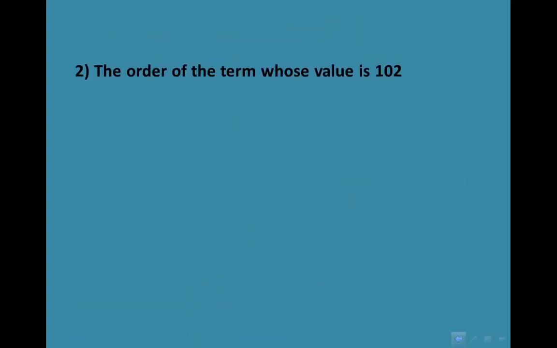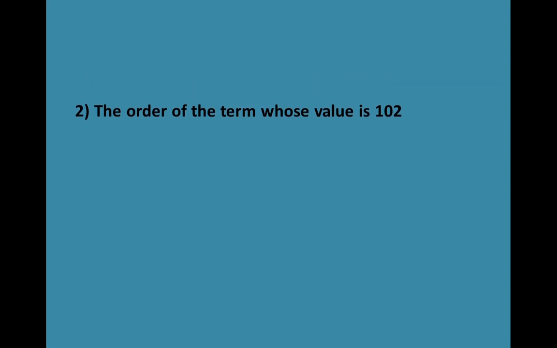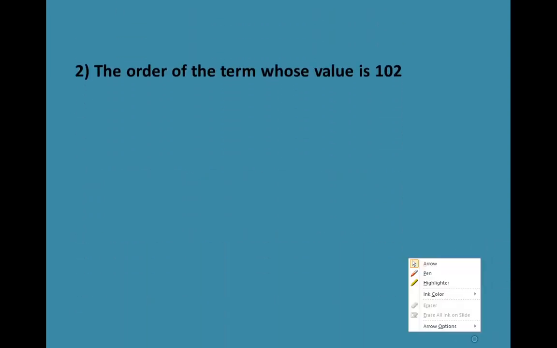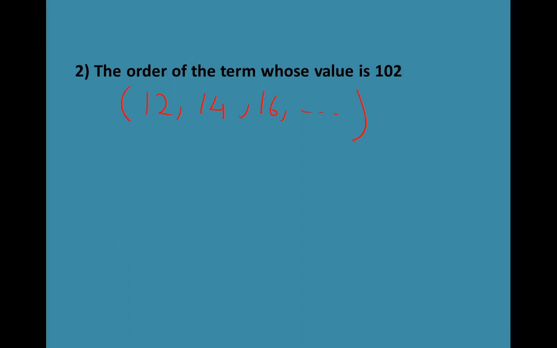Find the order of the term whose value is 102. In this sequence 12, 14, 16, it is required to find the order of the term whose value is 102.